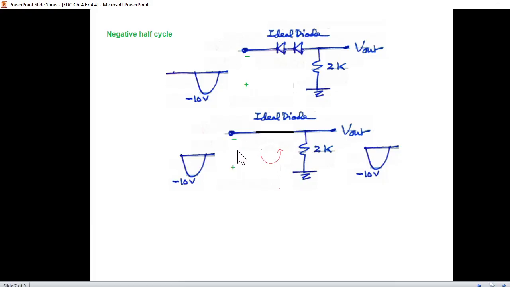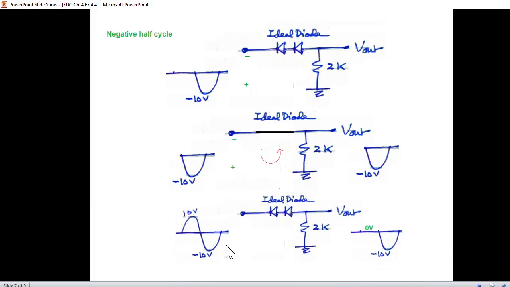Now you can see the current from the source will flow through this, so there will be voltage drop across the resistor, and the output Vout would be same as Vin. Therefore, this is our output. So the net output for the first half cycle will be 0 volt, and for the second half cycle it will be same as the input, that is minus 10 volt.